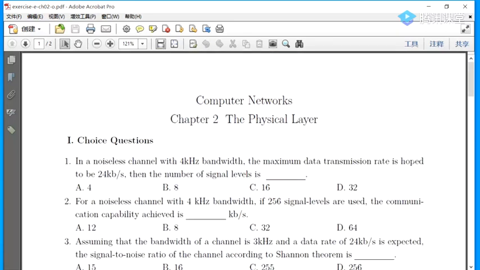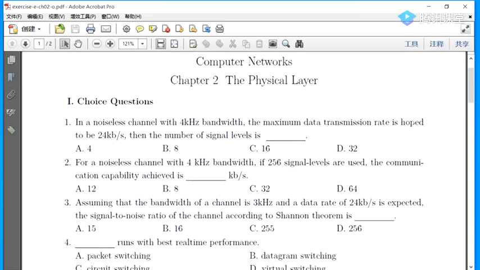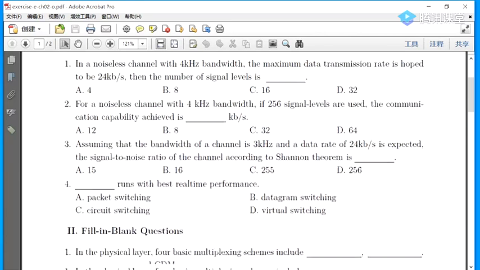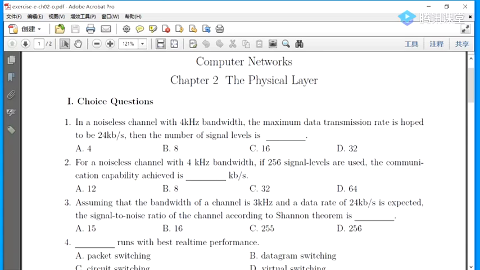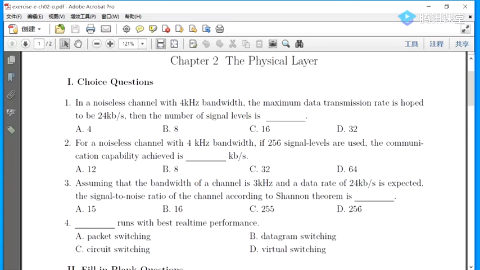These questions probably will be in the final examinations, so pay attention to these kinds of questions. For choice questions, there are 4 questions. Then we will look at the questions from number 1.